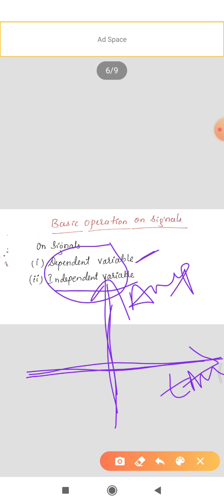So the dependent variable corresponds completely to the y-axis, which is your amplitude. Scaling, addition, multiplication, integration, differentiation can all be done on that.